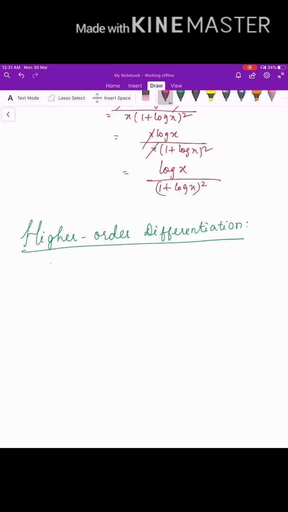Now, suppose you are given a function, say y is equal to x to the power 5. y is equal to x to the power 5 is also an equation of a curve, right?